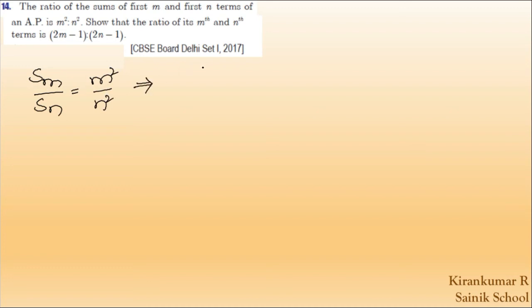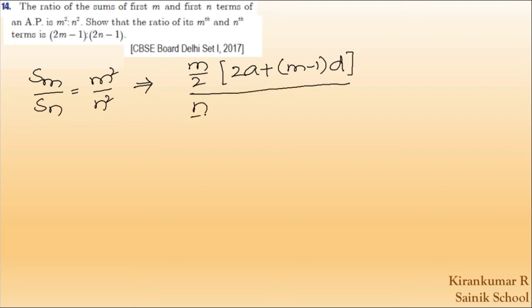I can make use of the formula. Sm is nothing but m by 2 multiplied by 2a plus m minus 1 into d, divided by n by 2 multiplied by 2a plus n minus 1 into d, equal to m square by n square.